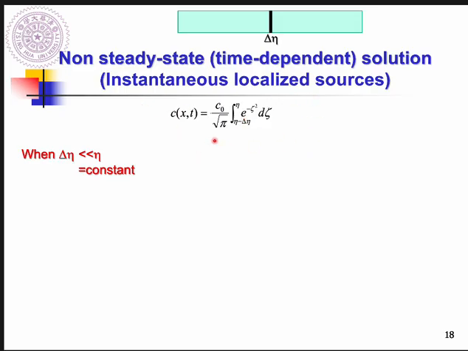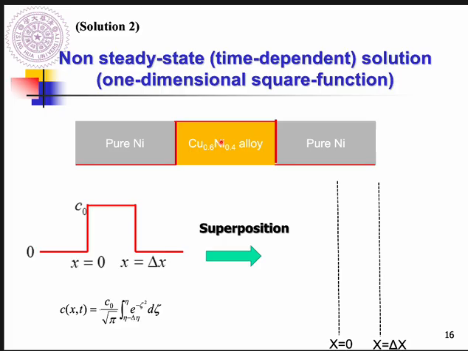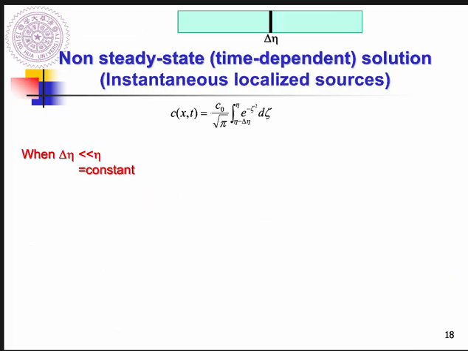Okay, so this result is for the case we drew in the prior slide. Actually, we have a diffusion source in between pure regions, right? This is C0 divided by square root of pi, and we integrate from iota minus delta iota to iota.